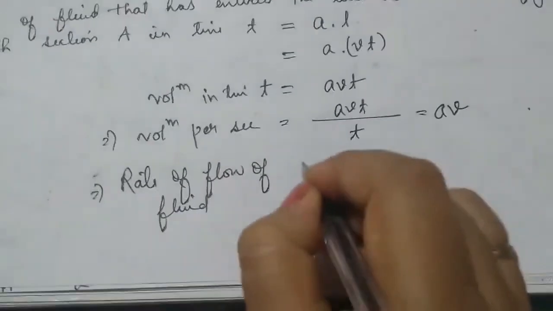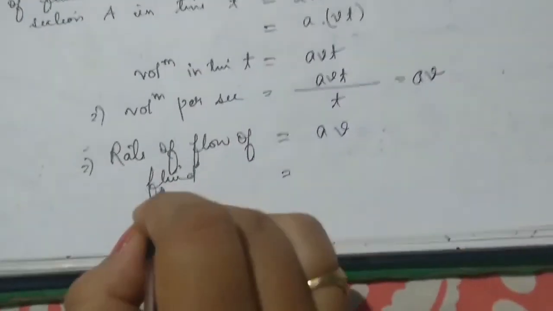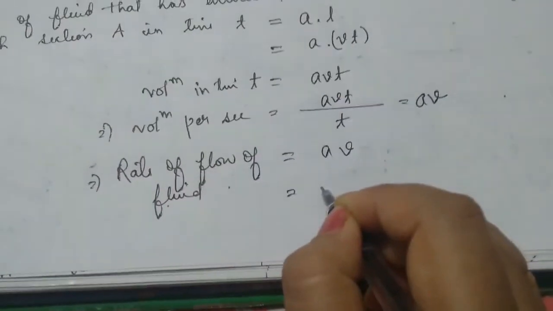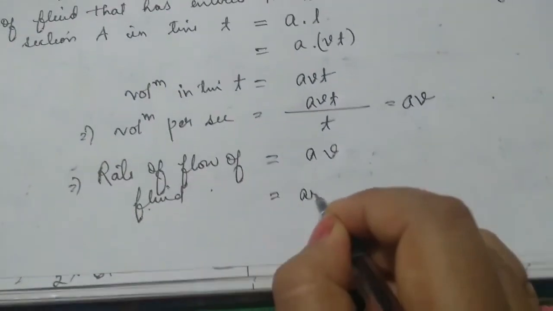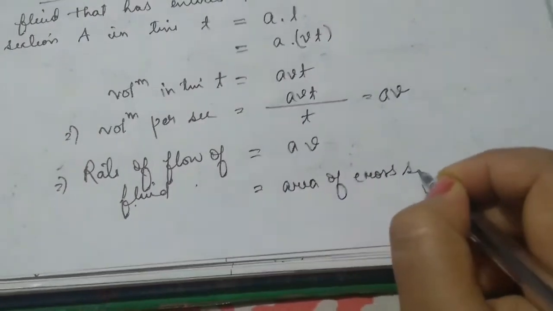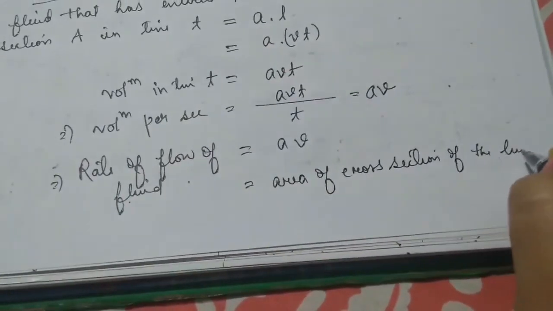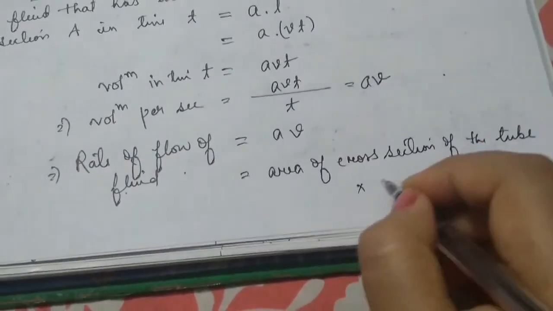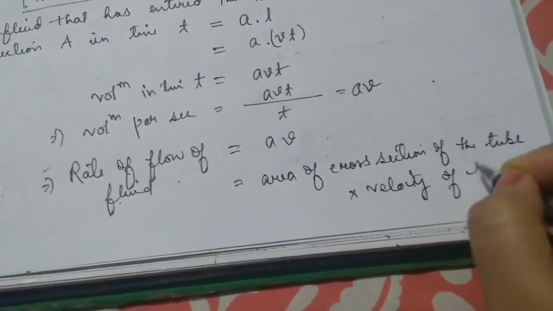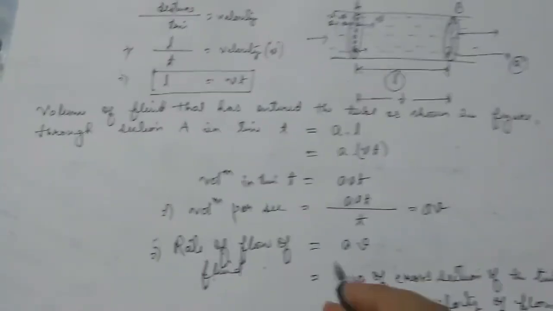That means rate of flow of fluid through any tube is basically the product of area of cross section of the tube and velocity of flow. Understood?